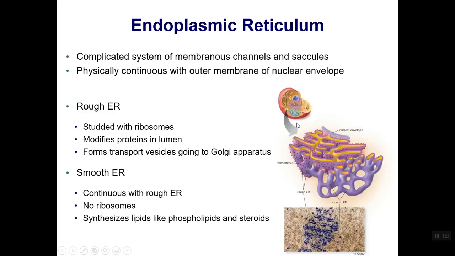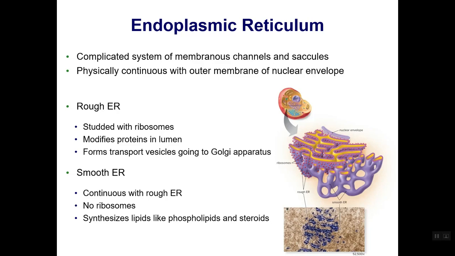Okay, so the endoplasmic reticulum I'm going to refer to as the ER to save my sanity and my voice. But the ER can be rough or smooth. The ER in general is pretty complicated. It has a lot of convoluted membranous channels and sacs, and basically it almost looks like a very complex stack of pancakes, sort of.